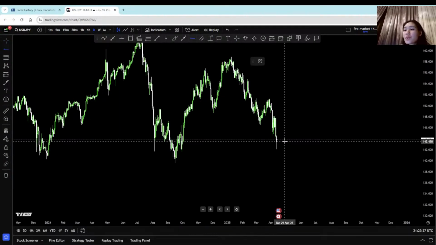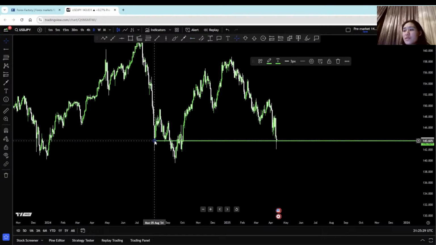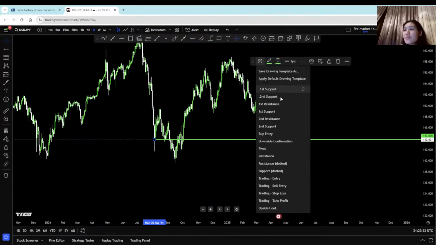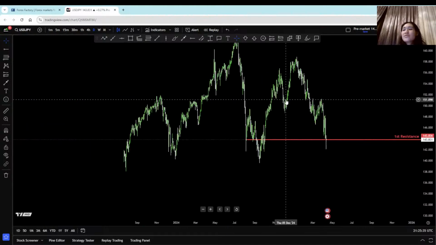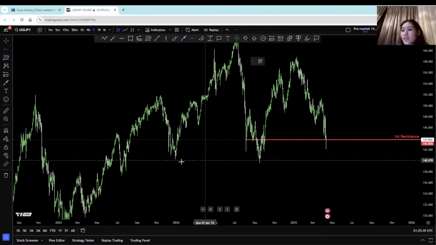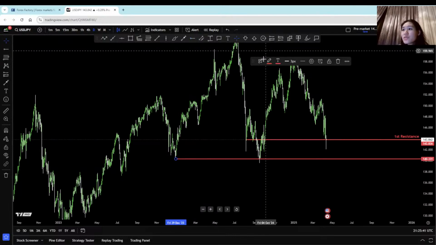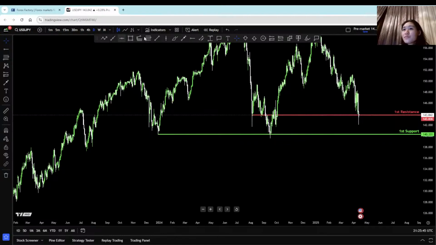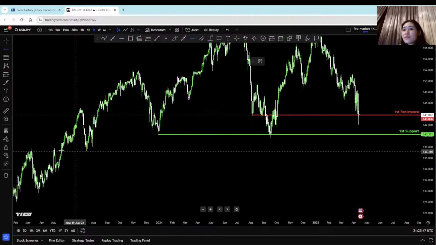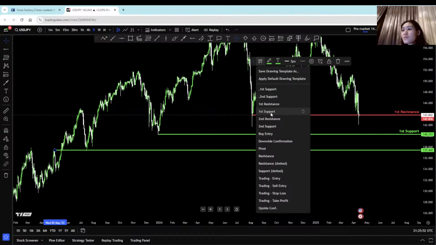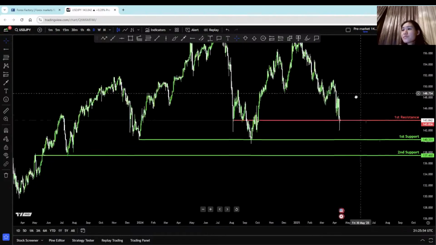So the same thing, I'm gonna go in with our support and resistance levels first. So I'll place my first resistance here and my first support just over here. Okay, second support here.